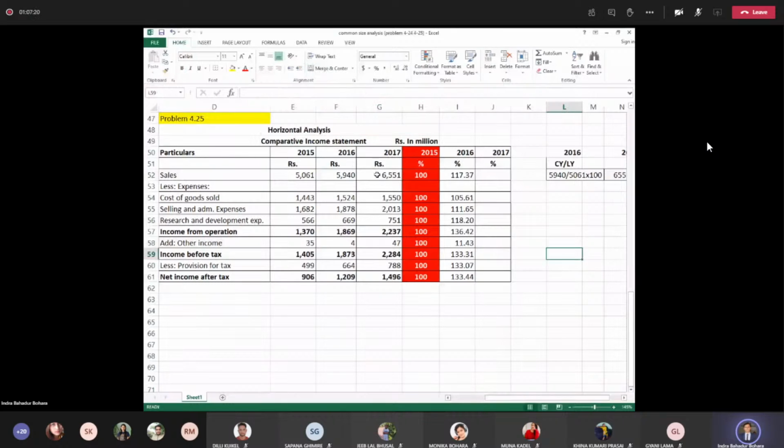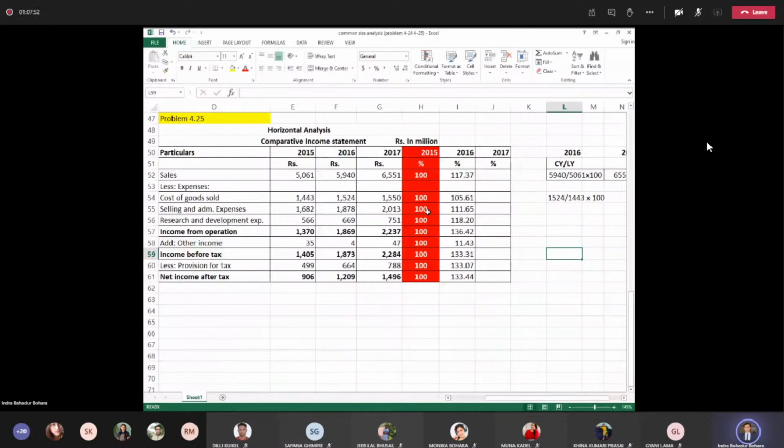Now, 1,550 divided by 1,468 multiply 100, then you get 105.61%.